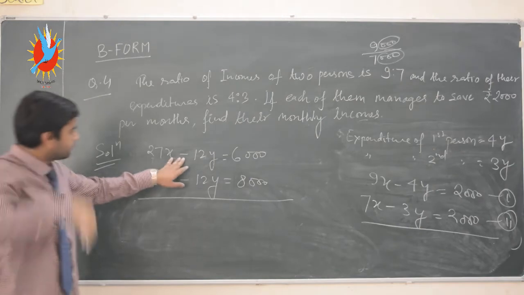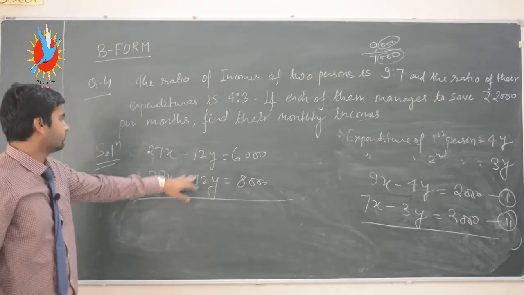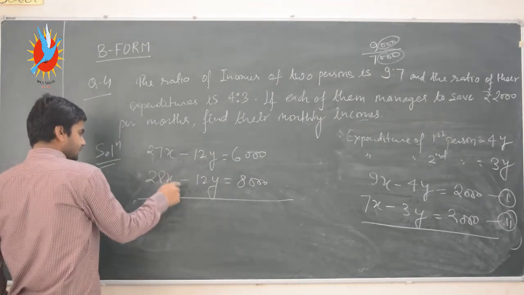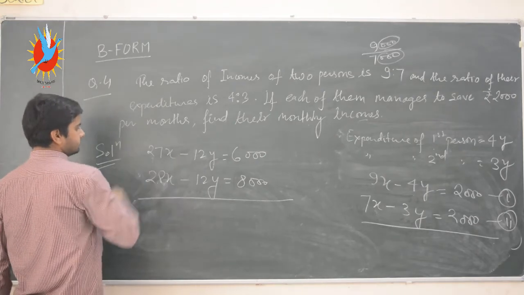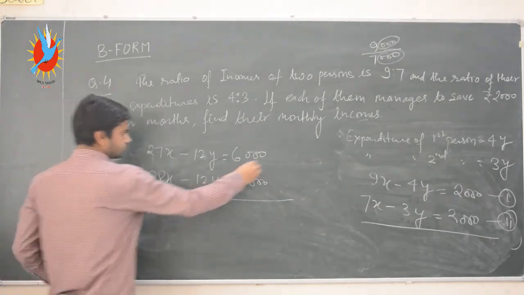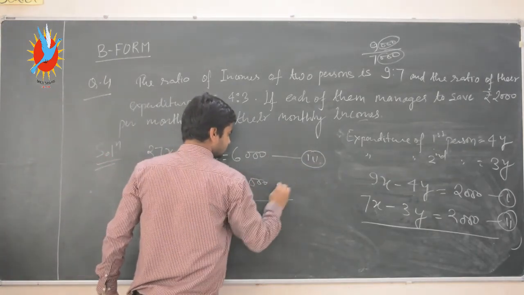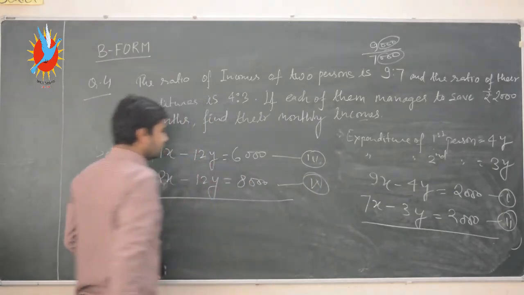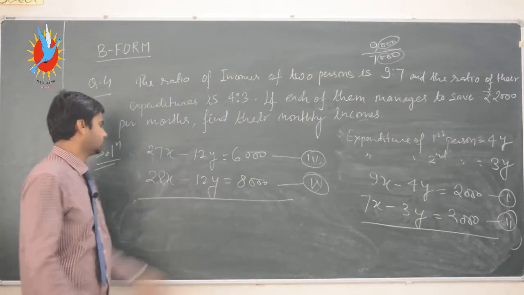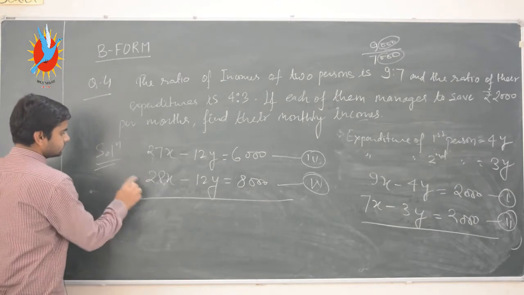Here we have negative and here we have negative, so to eliminate this, subtract. Suppose this is equation 3 and this is equation 4. Now subtract equation 3 from equation 4, so the sign change will take place.